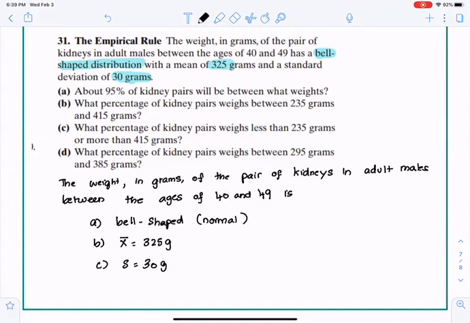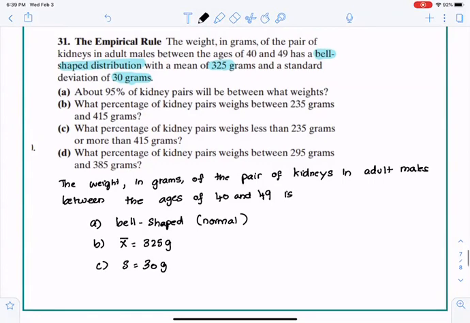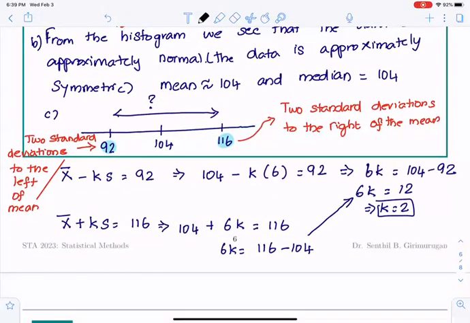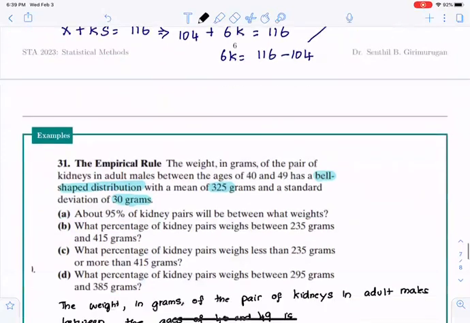We know if 95% of the observations lie between 2 points on a normal distribution, then those 2 points must be 2 standard deviations away from the mean, just like the previous problem. 92 and 116 were 2 standard deviations from the mean.